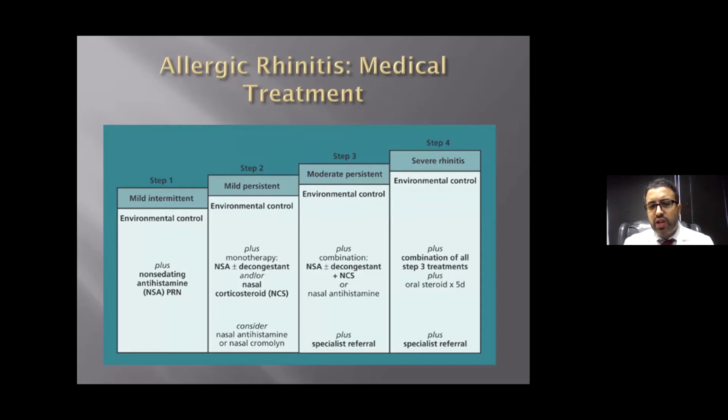If they have a lot of swelling in their nose and their symptoms are a little more severe, we add a nasal steroid and an antihistamine. And essentially, we continue with this treatment. If, even with a nasal steroid and antihistamine, they continue to be symptomatic, then we begin to think about potentially doing allergy testing and possibly immunotherapy.